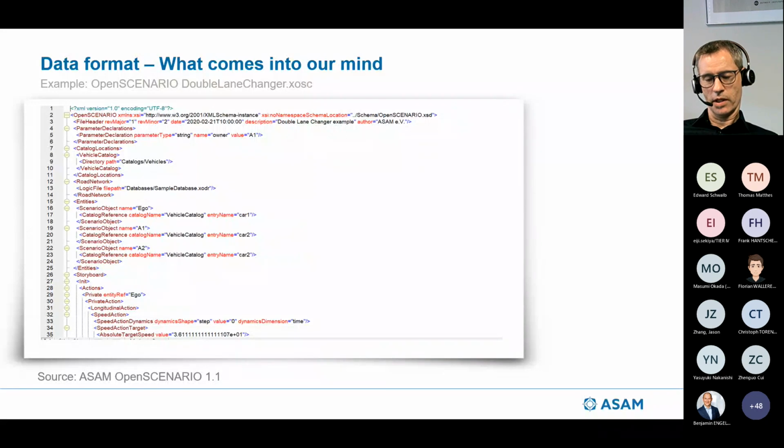The scenario is encoded in XML data format, and domain-specific nodes and attributes help us to understand the domain, and also to share data among experts, among tools, and everything like that. So probably this is something that is pretty familiar to you when it comes to the discussion on models and data format.